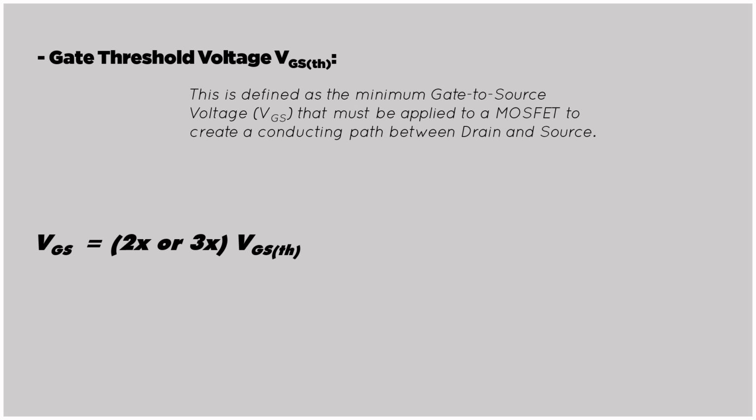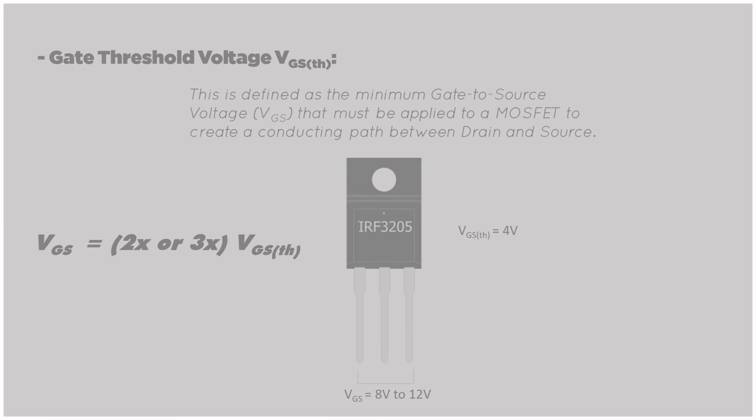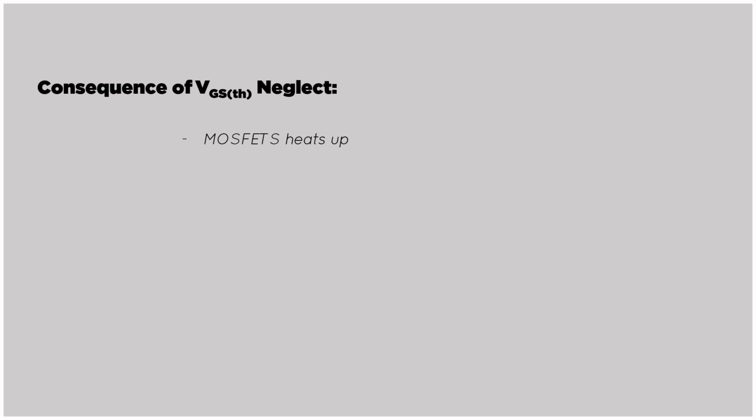So let's say we have the MOSFET IRF3205, whose VGS-TH is 4 volts max. We should drive this MOSFET with a minimum of 8 volts to 12 volts. Ignoring this is possibly the reason your MOSFETs heat up in your circuits, you have partial conduction or no switching at all, and general reliability issues.